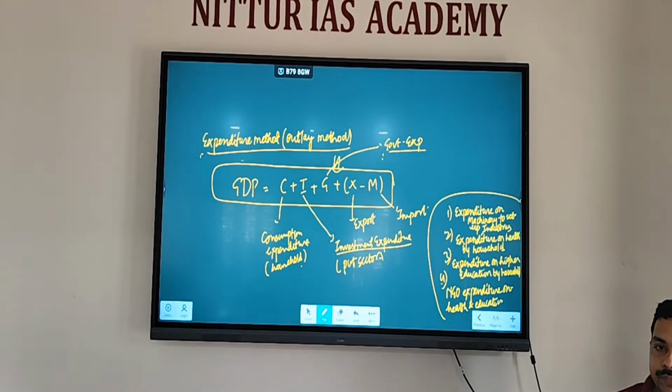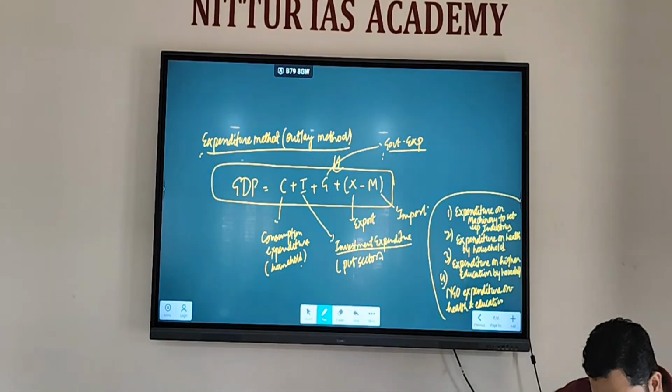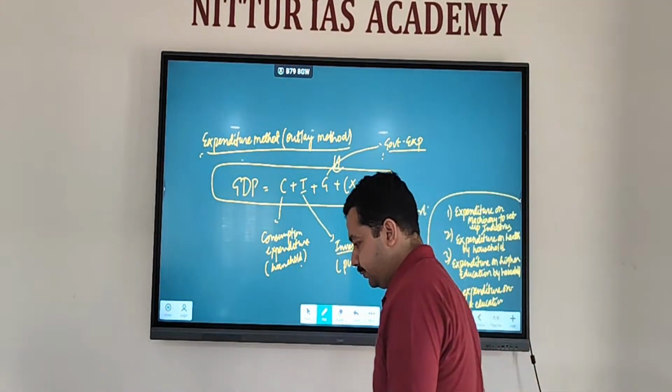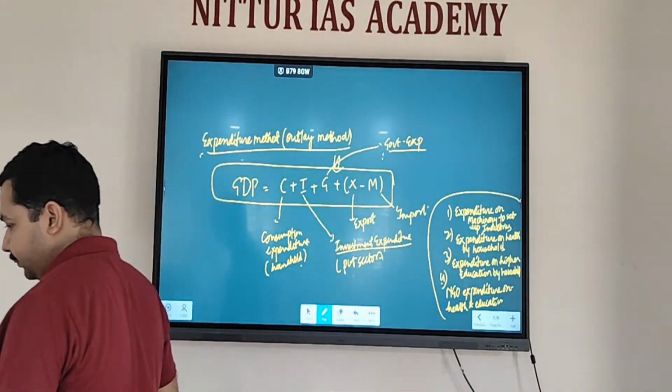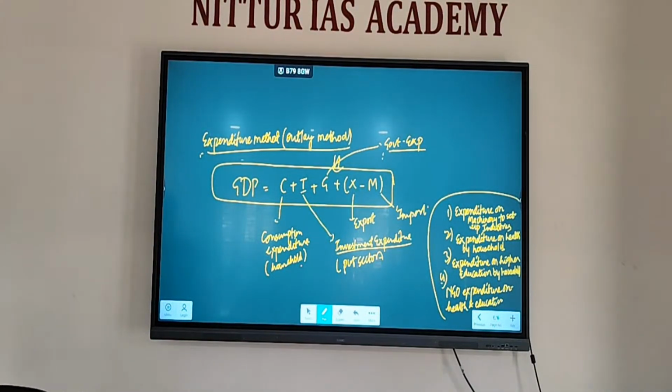C part. Which of the following will be counted under the consumption expenditure? 2, 3, 4. Anyone else? 2, 3. Okay. Anyone else?